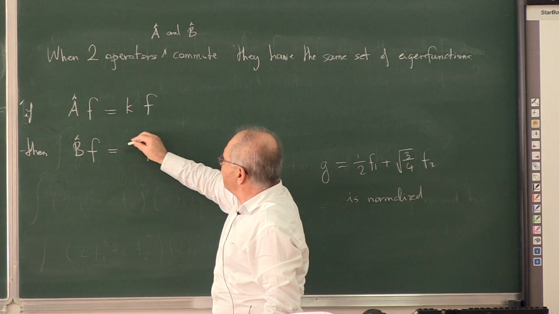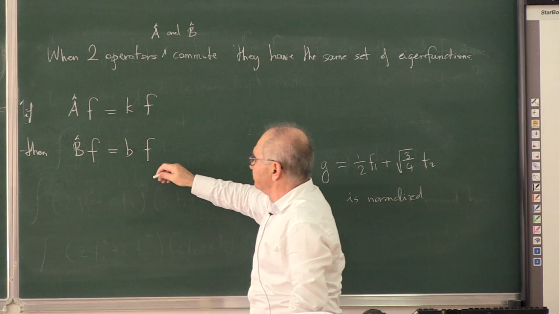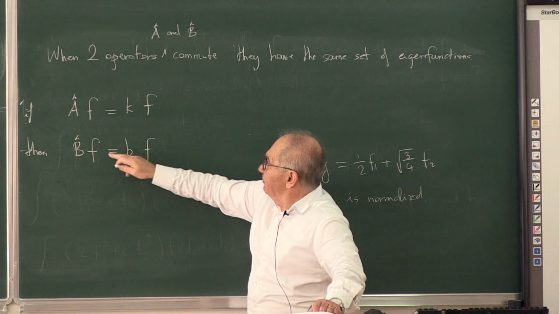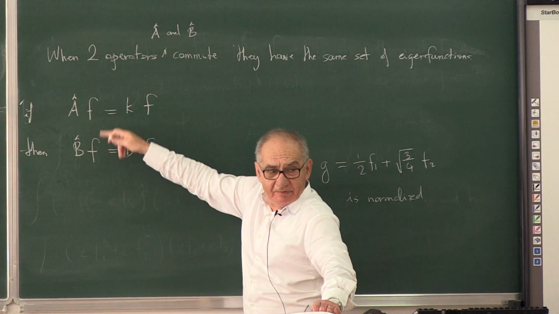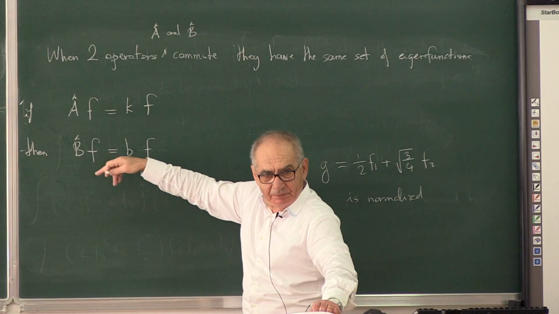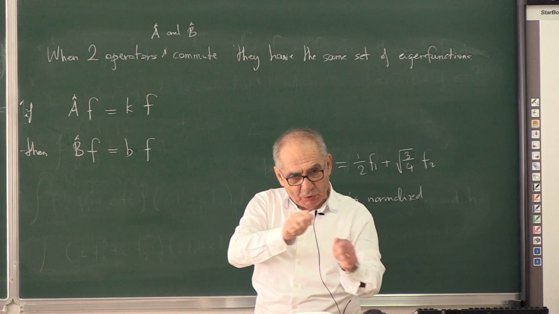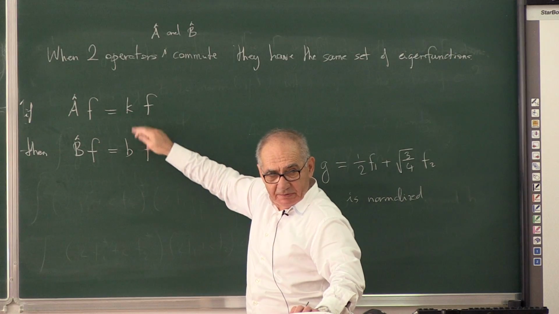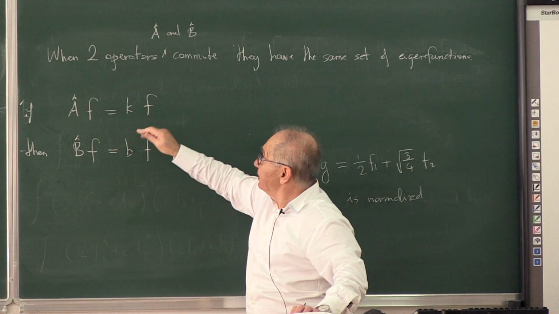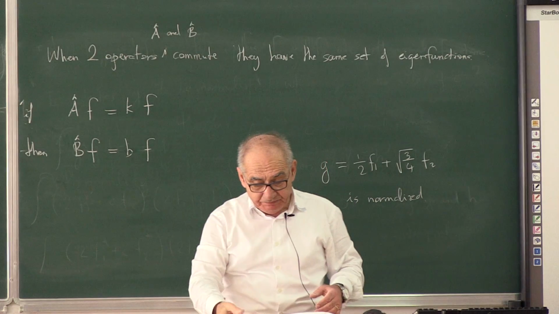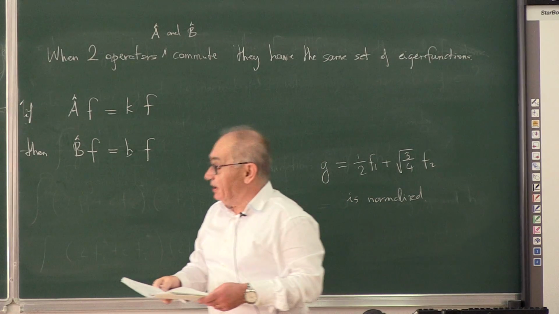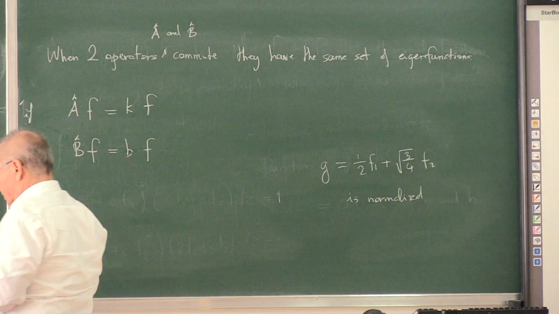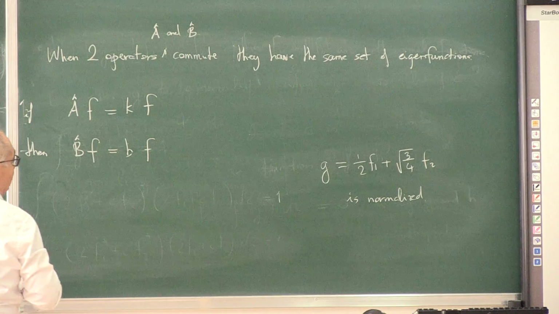So let us say this is B. The same functions for both operators A and B, because A and B commute. However, the eigenvalues are different. This is the importance of commuting operators.